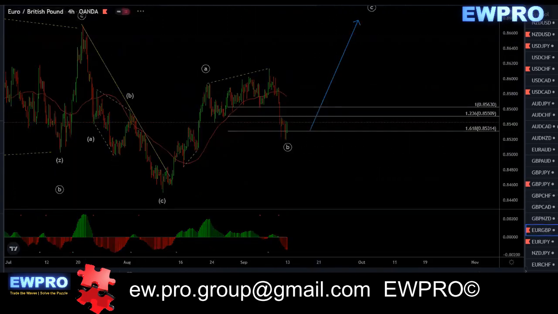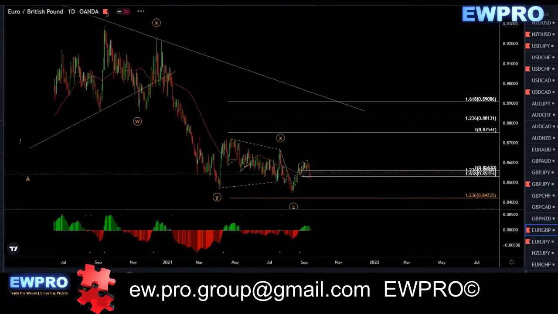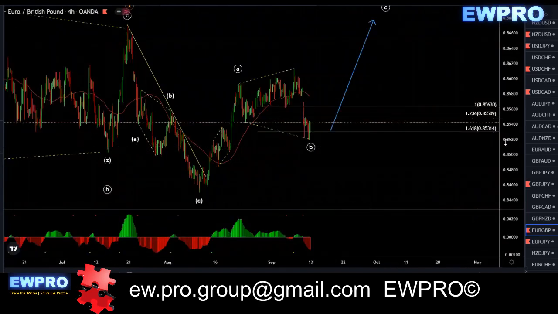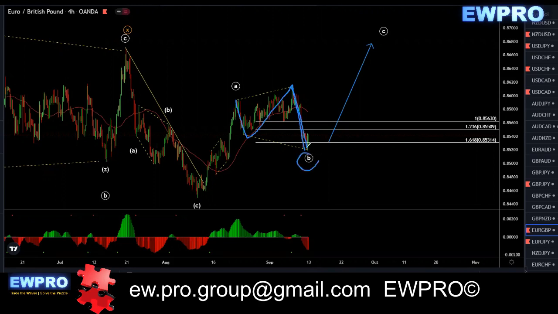EG on the daily. This one here, we got that Z down. So we got that W, X, Y, X, Z, giving us all that bullish divergence. So we're looking for buy setups. I showed this in the room last week as well. On Monday or Tuesday, we're looking for this down in here for a wave C, A, B, C in the wave B, and now we're looking for the buys.